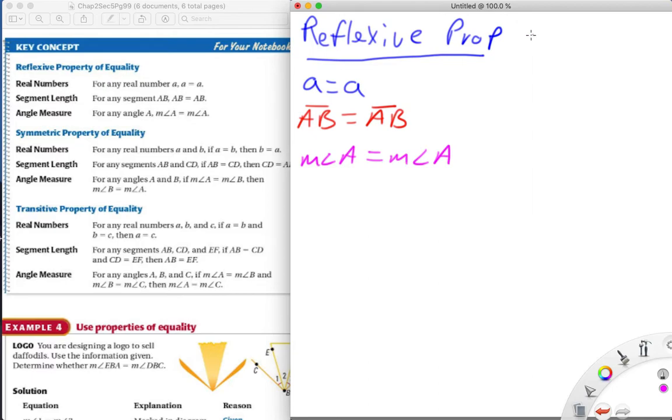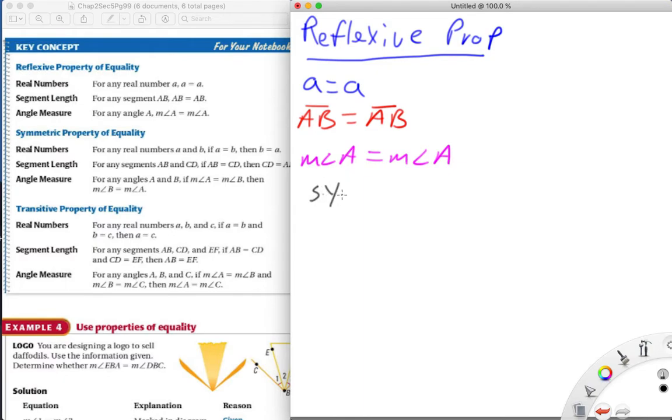These are all equality. And when we start doing proofs, we'll have congruency as well. So reflexive property: a number is equal to itself, a line segment is equal to itself, and an angle is equal to itself. Reflexive. Symmetric property of equality.